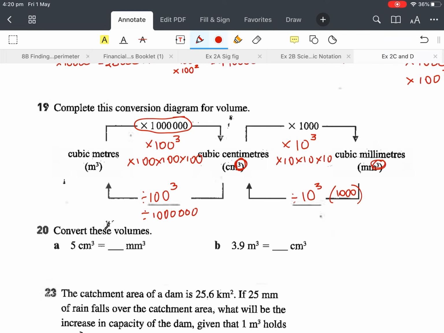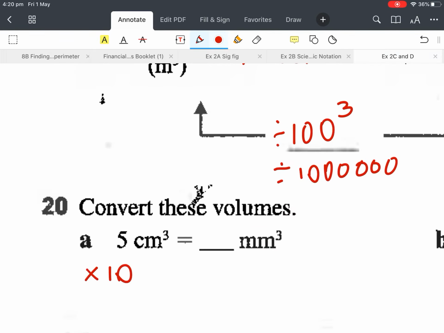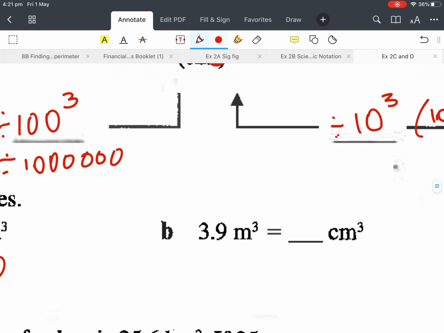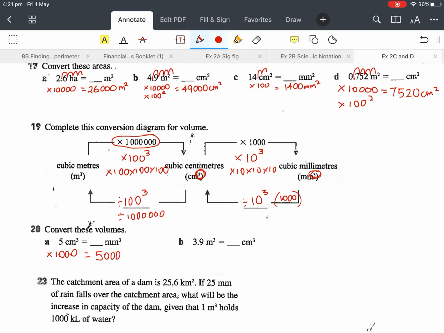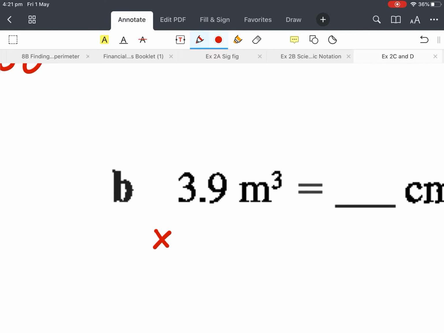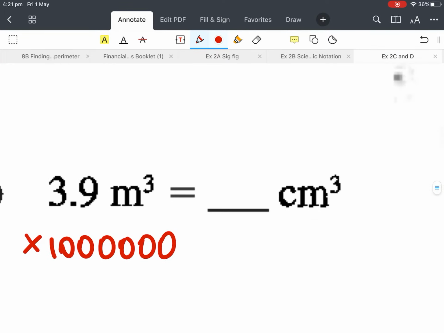So converting 5 centimetres cubed to millimetres cubed, if I follow the jump, start at centimetres, go to millimetres, I'm going to times by 1,000. That gets me 5,000. And over here, 3.9 metres cubed to centimetres cubed, I'm again going to times by 1,000,000. So don't expect little answers, you're going to get big ones.